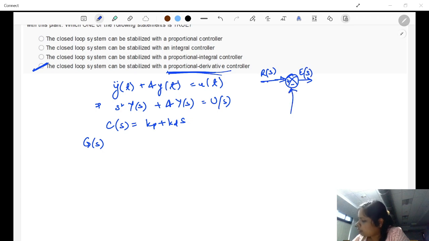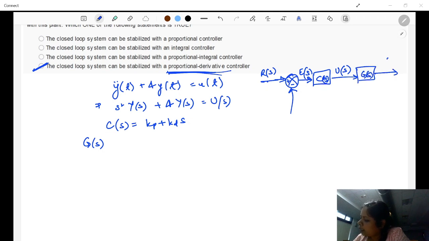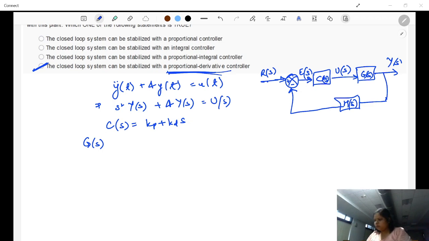I'll show from where the error comes. When the error comes, it is passed through a controller. From the controller, you get the control input, which is passed to the plant, and from the plant you get the output, and that output is multiplied by some feedback gain, and it is given as an error.